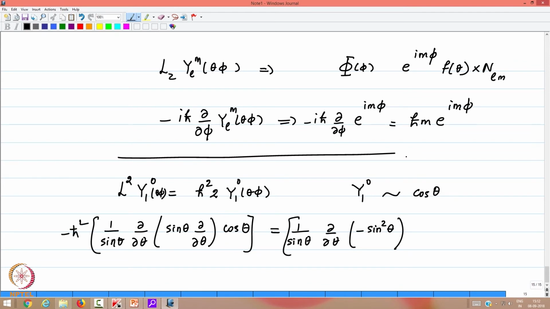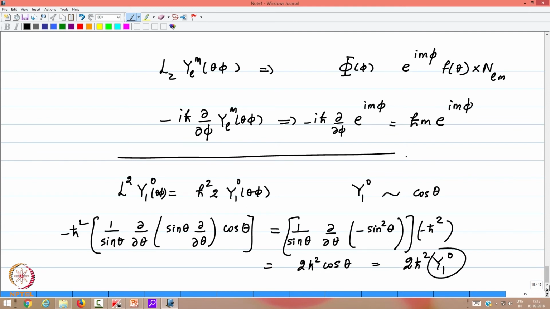So it gives you a minus h bar square, and you can see immediately dou by dou theta sin square theta gives you sin theta cos theta. There is a 2. So, it gives you minus into minus plus. So, it is 2 h bar square cos theta, the sin theta cancels off, and therefore, it is 2 h bar square y1 0.